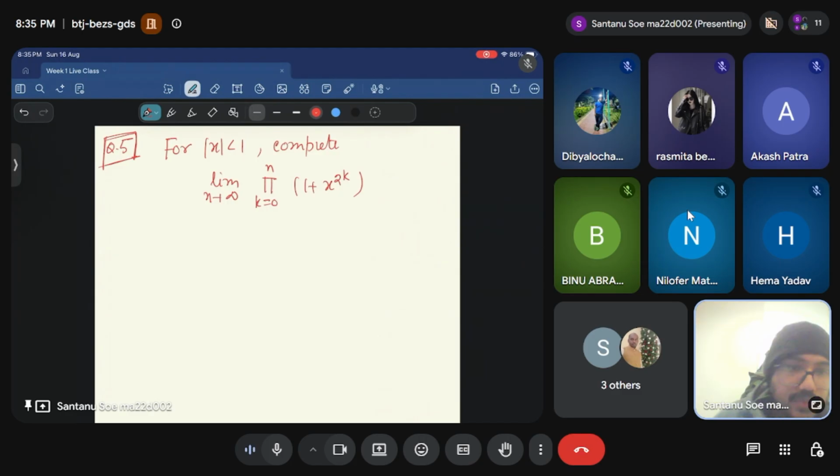Okay, so x to the power 2 to the power k, where k is varying from 0 to n. This is also a very good question, I think. So, does anyone have any lights on how to solve this question?